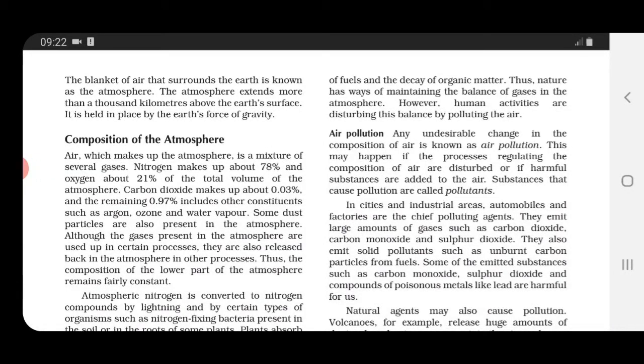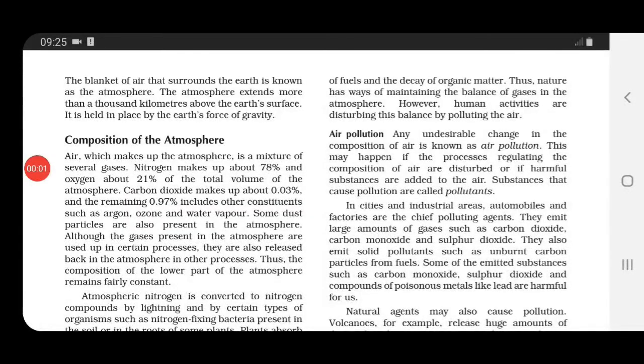Nitrogen makes up around 78%, then oxygen 21%, carbon dioxide 0.03%, okay. And the remaining 0.97% includes other constituents. Which constituents? Argon, ozone, water vapor, okay. Not only this, there are some dust particles also present in the atmosphere. Understood?